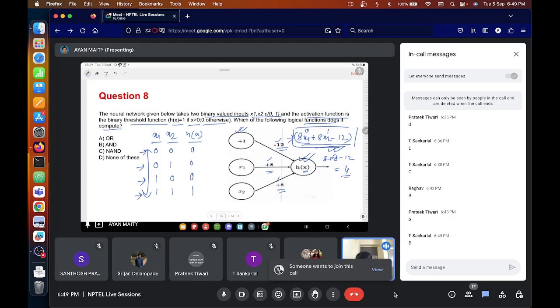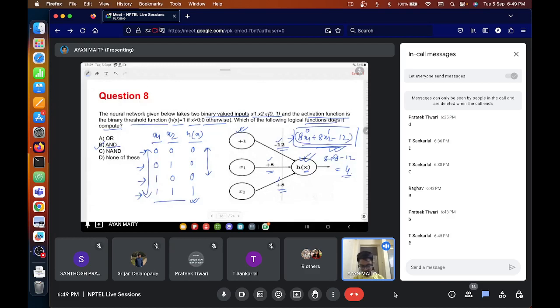From this truth table you can say that it is similar to the AND gate. The output is true or 1 only when both the inputs are 1, and in all other cases the output is 0. So this is the AND gate, and it is the correct answer. So this is how you have to compute.